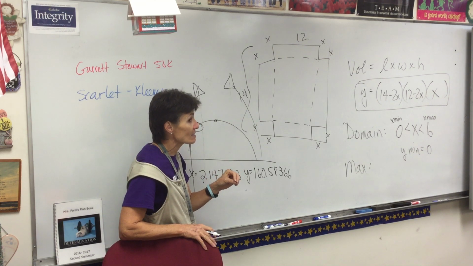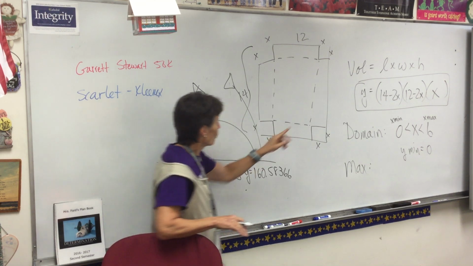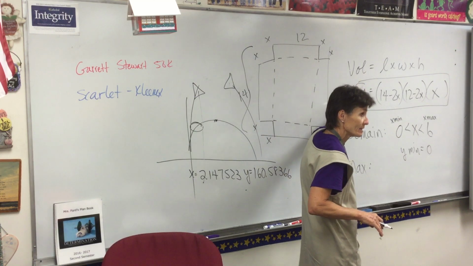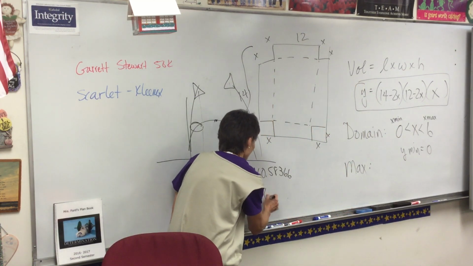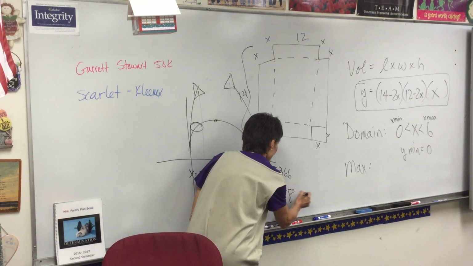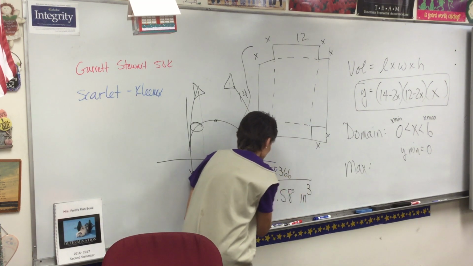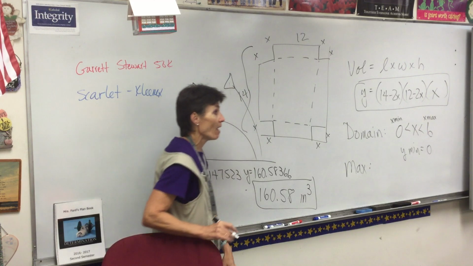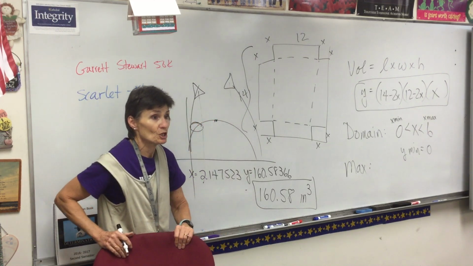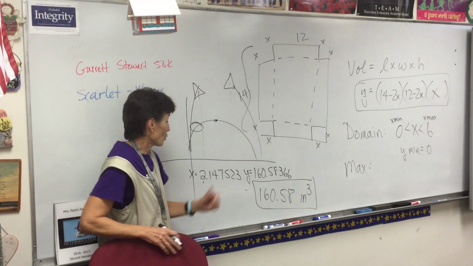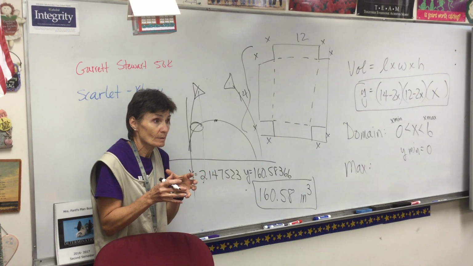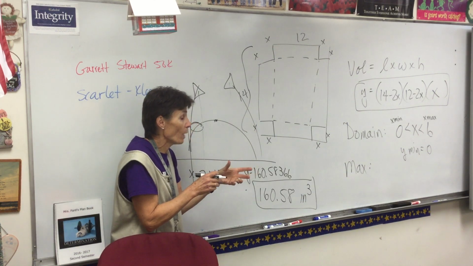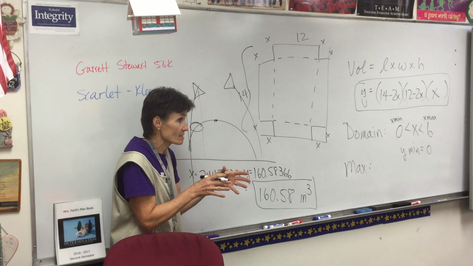What is the maximum volume? Well, Y is your volume. So what is the maximum volume? 160.58 cubic inches. Volume is a cubic unit, a cubed unit. So X tells you how big the corners are. Y tells you what your volume is.